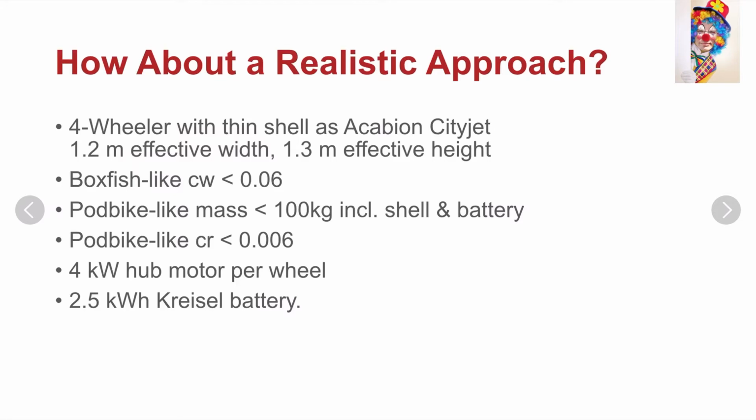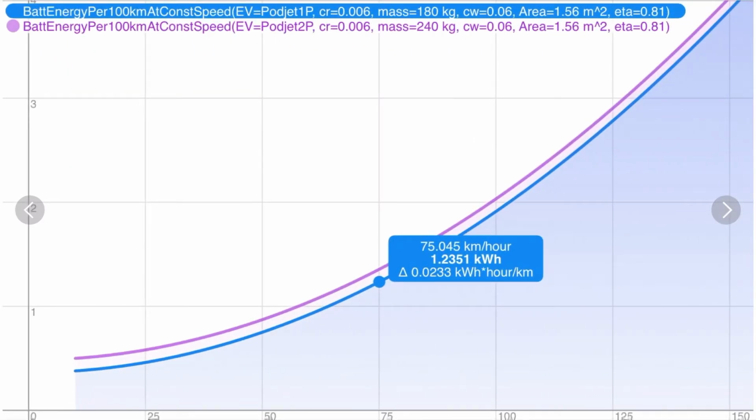What we would get with that. So you see here the data. The blue curve is for one person, the magenta curve is for 2 persons. And here are the data which I assumed. I'm also using an efficiency factor of 0.81.